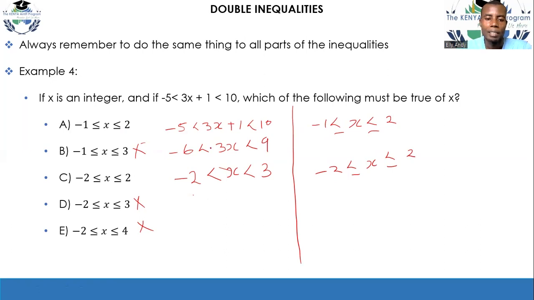X is greater than negative 1, which is right because our x is greater than negative 2. So that makes sense. Then we have C, where we have x is greater than or equal to negative 2. And this is wrong because our x is just greater than negative 2. It is not equal to. So we eliminate C and remain with A.